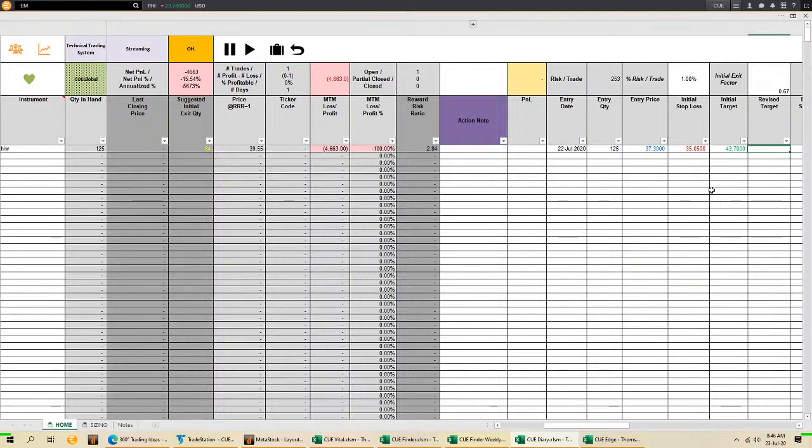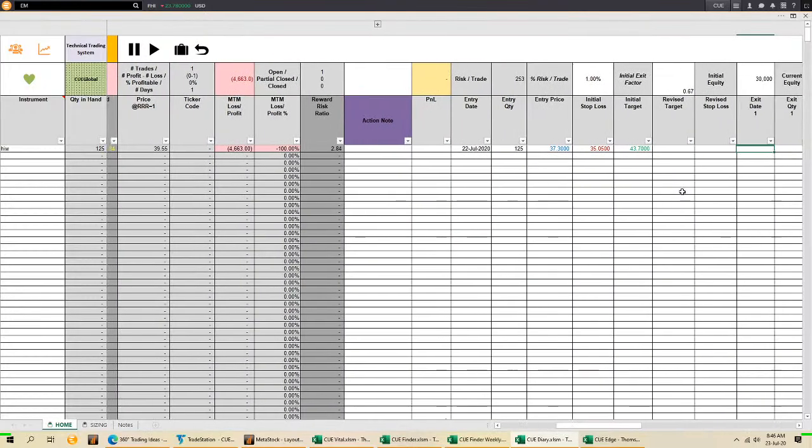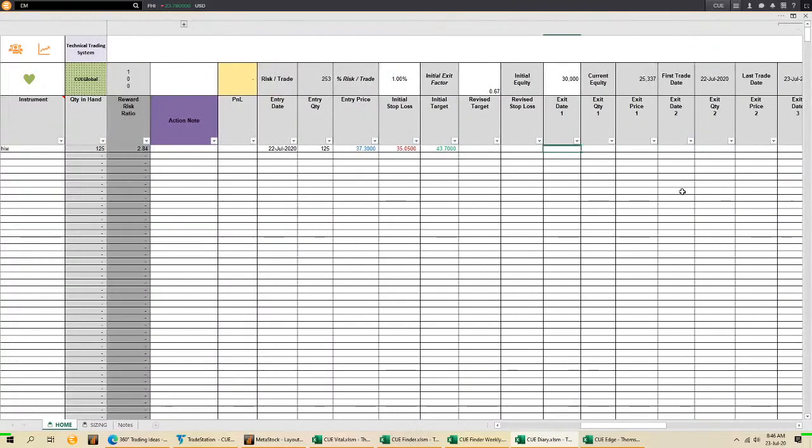Now there are some additional flexibilities. When the initial target is hit, let's say 23rd July has come today and I got lucky and my target is hit.